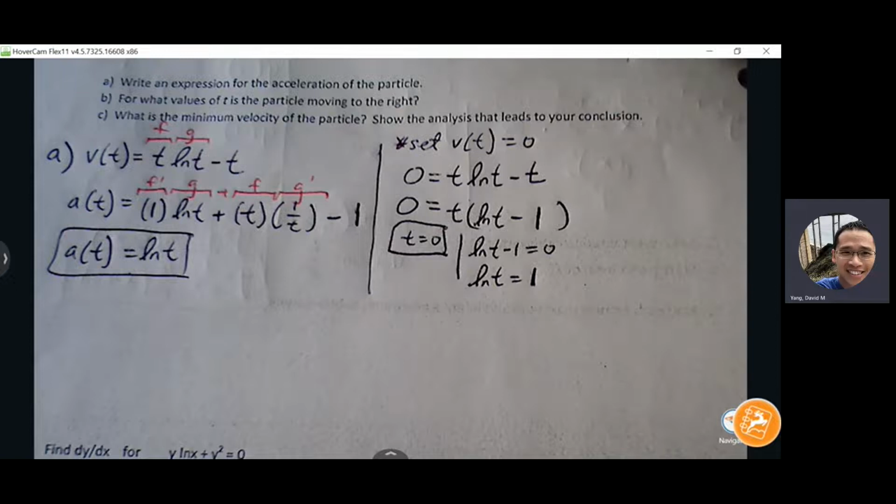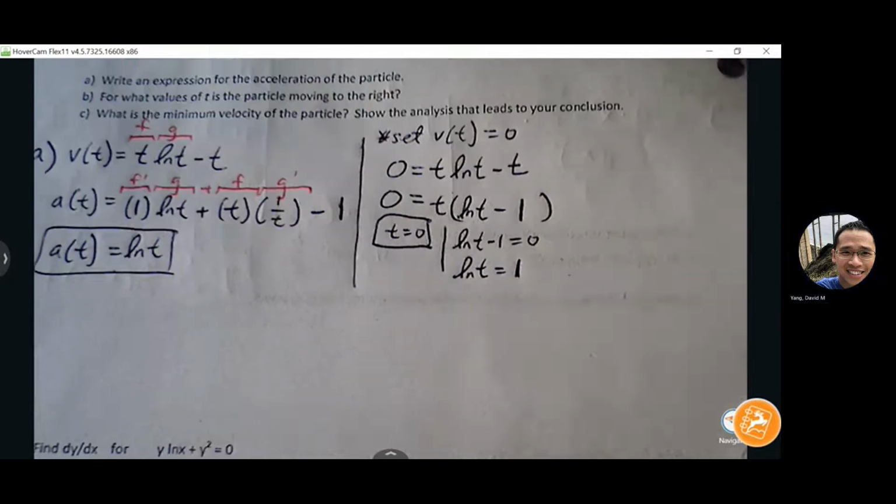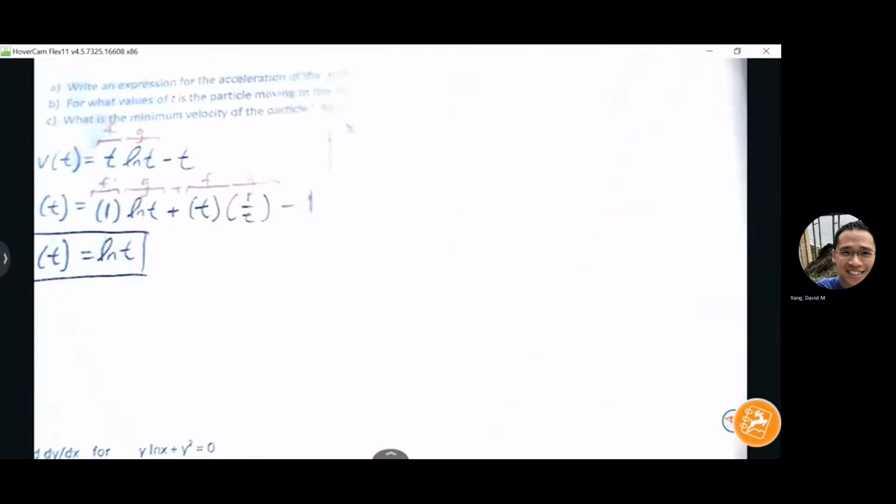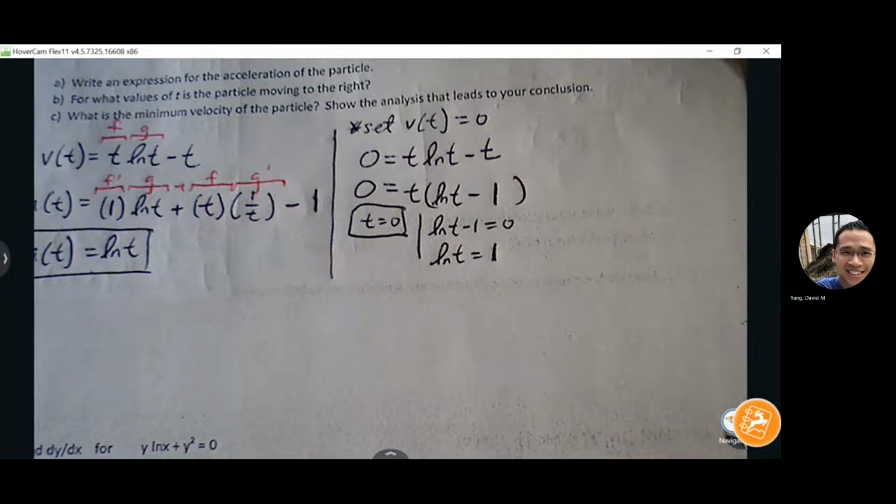We can think about what the graph looks like and go through it that way. Okay, so if you think about your natural log graph, natural log of what gives us 1? Natural log of e gives us 1, right?